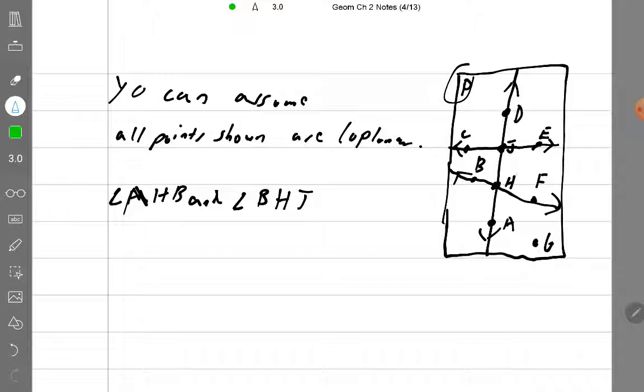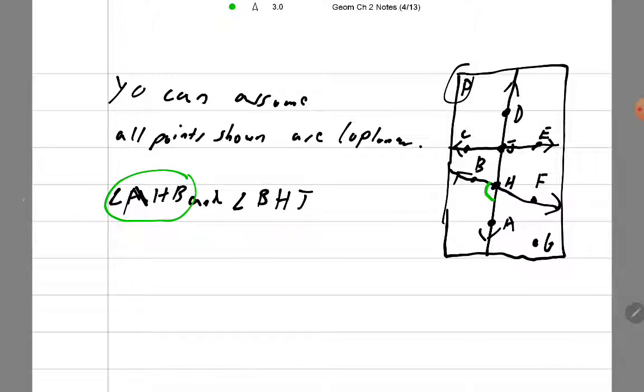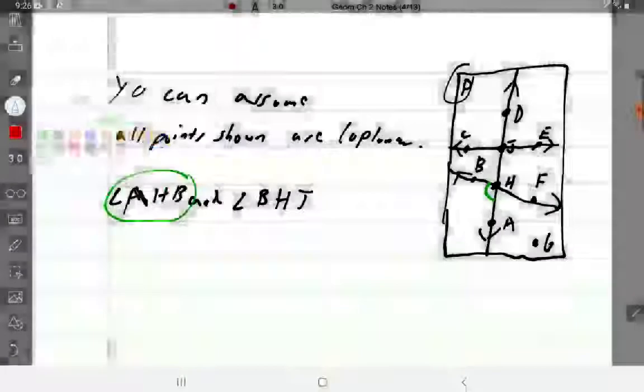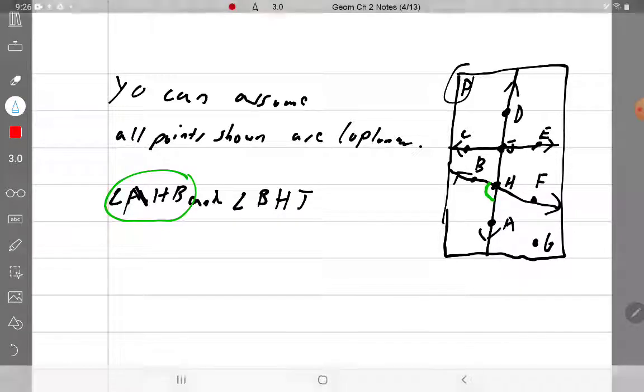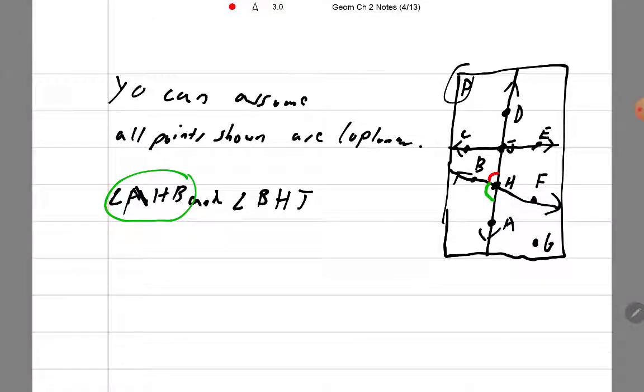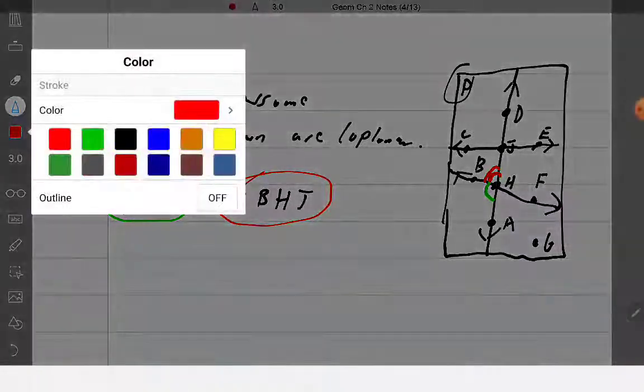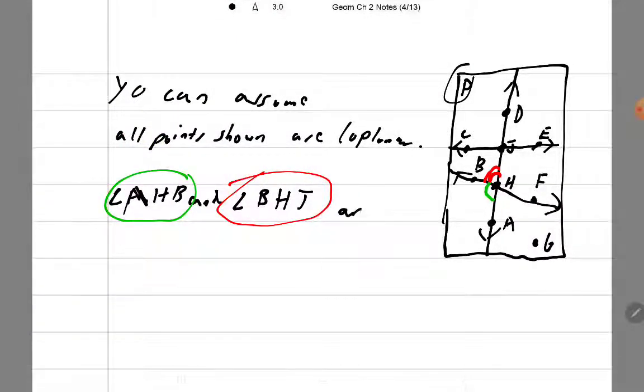AHB, so we're talking about this one. And BHJ, so we're talking about this one. We can assume that they are a linear pair because they are next to each other and they add up to a straight line.